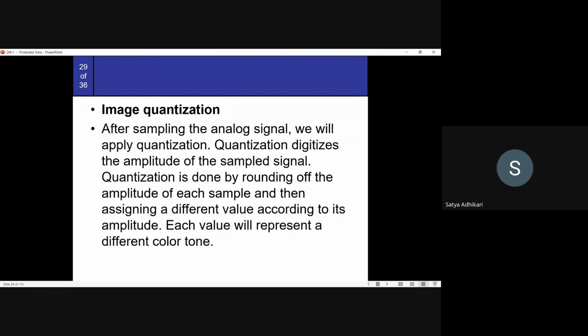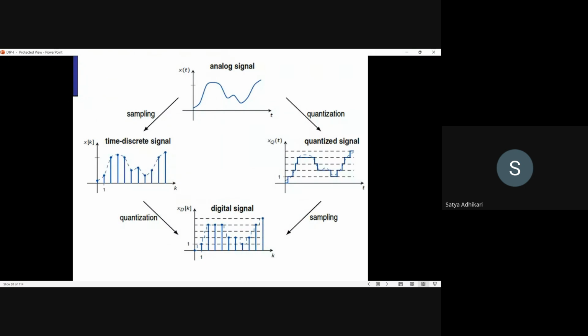Once it is sampled, we need quantization to get its amplitude value. Quantization digitizes the amplitude of the sampled signal. It is done by rounding the amplitude of each sample and assigning different values according to the amplitude. Each value is represented by a different color tone. You see this picture.